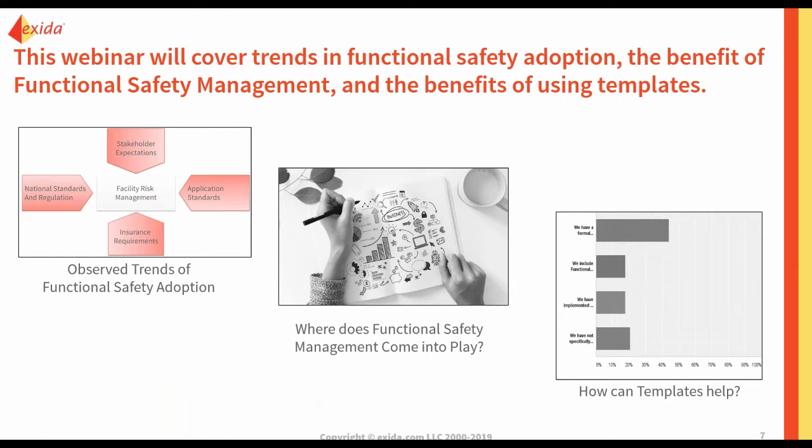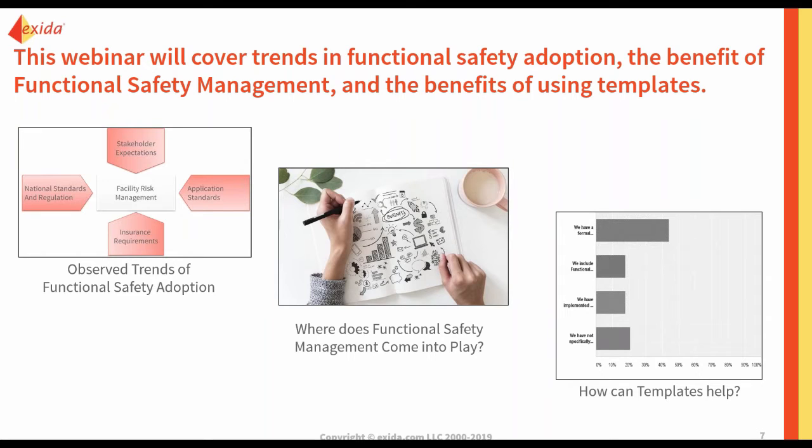For today's webinar, we're going to go through three main steps. The first will be to look at some trends that we're seeing in the adoption of functional safety, capturing what we're seeing in the marketplace, the typical gaps we see when people implement functional safety, and some potential solutions to those gaps.